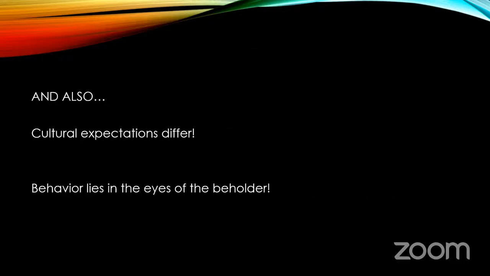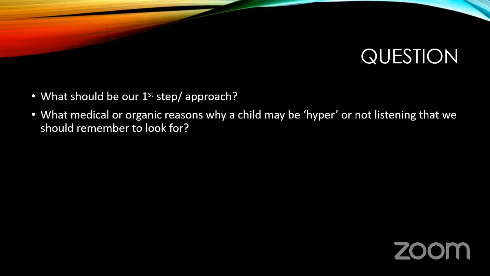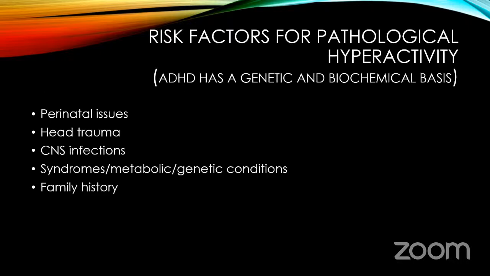Okay. So this 4-year-old, when you are bringing him, the first step should be, if you know the family, to ask are there any risk factors for pathological hyperactivity? Because we know that ADHD has a biochemical and a genetic element. So a child who might be premature or low birth weight, or has any other family history or syndromes that you are aware of, might be at risk for pathological hyperactivity.